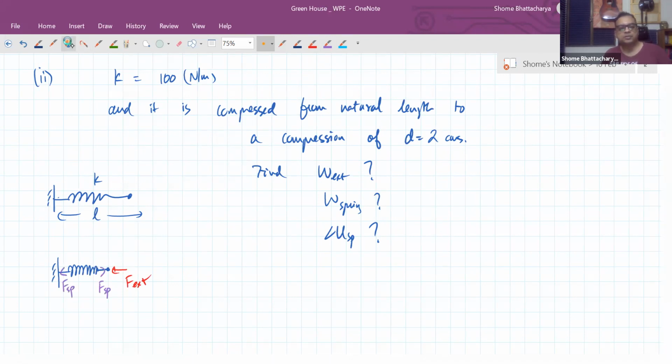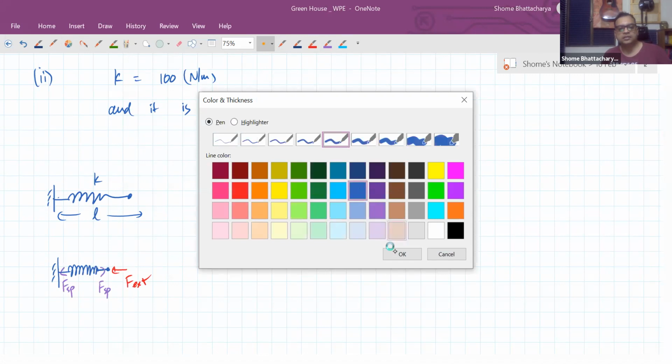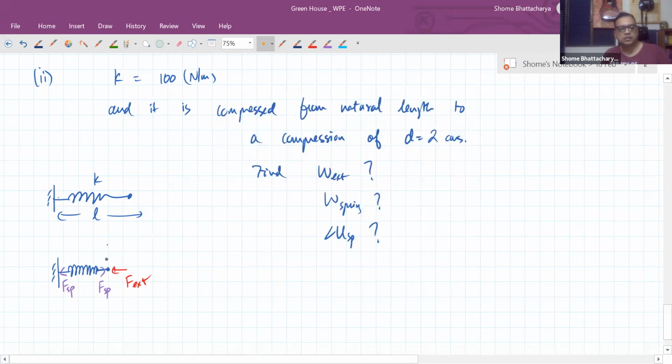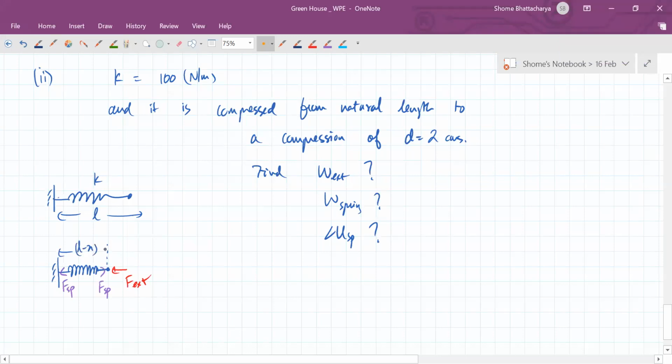And because the spring's length in this diagram is, suppose, L minus x, the external force balances the spring force in magnitude and is equal to kx.